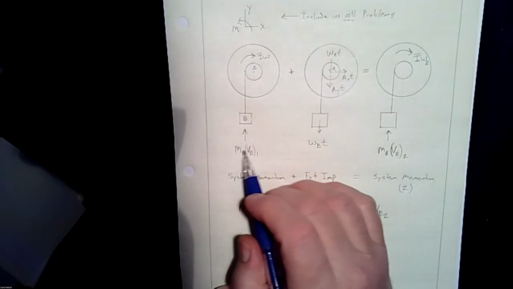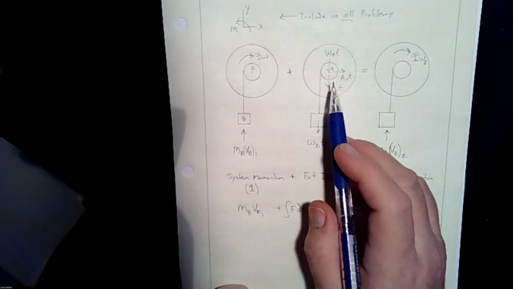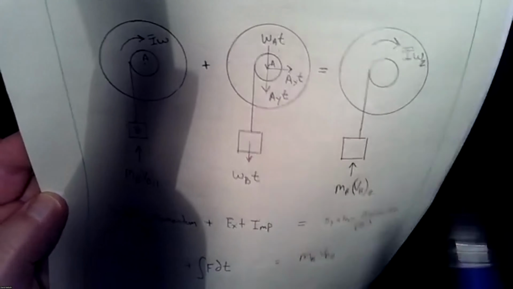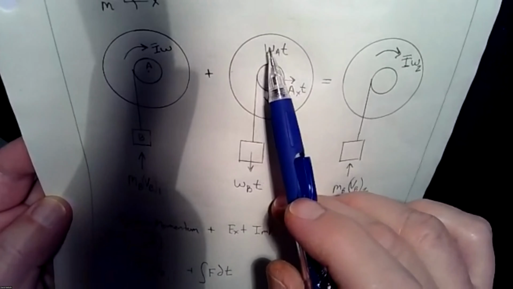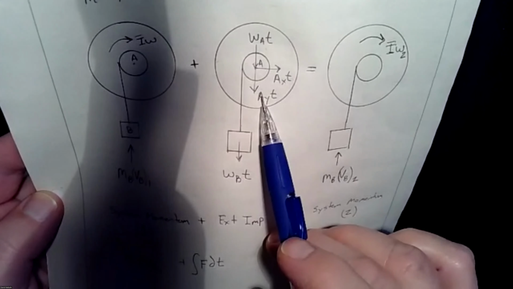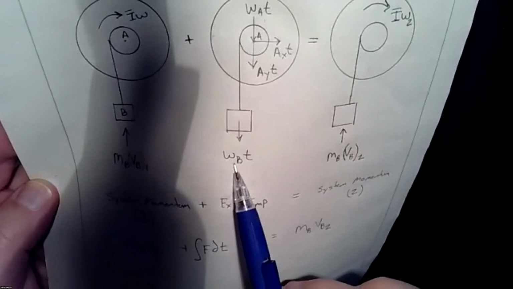Before with particles, we just had m1 v1, and then we had the middle piece, which was our impulse. So notice all I've done here, like before, is add the weight times time, the reaction A in the X times time, the reaction in the Y times time, and then the weight of B times time.